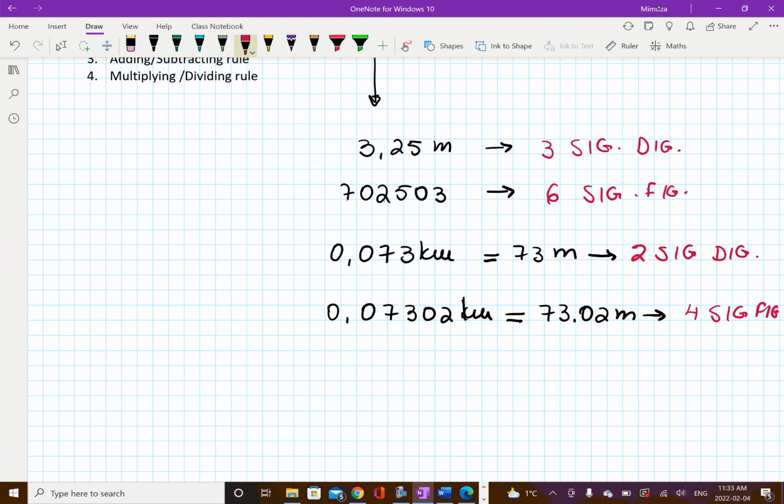Zeros after the decimal point are also counted as significant digits.